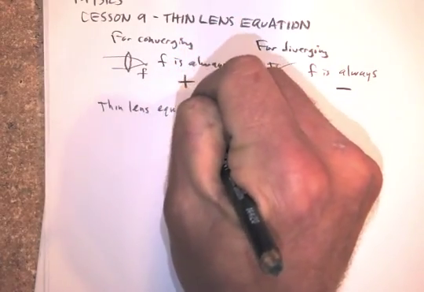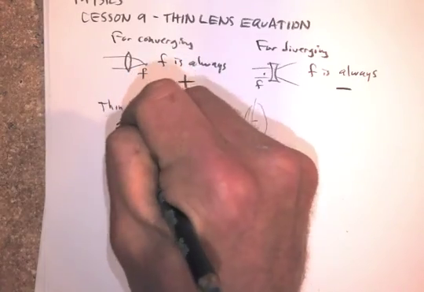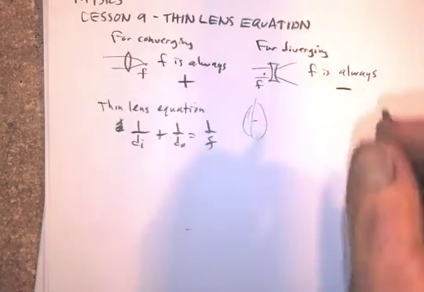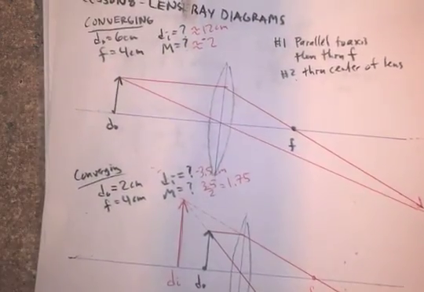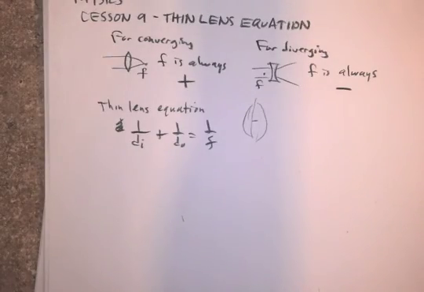But guess what? Same equation as mirrors: 1 over di plus 1 over do equals 1 over f. I'm going to go through the same examples we did last week, and it'll be the same on your homework. It'll be the same problems, you just use the equation to double check your answers.